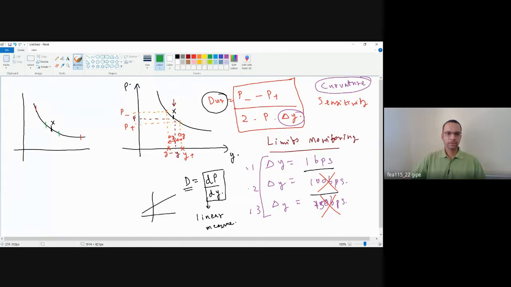Just drop these dotted lines here. So this is 1 bip. This is 100 bips.